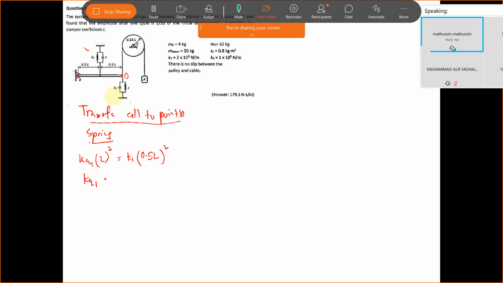So cuba kira berapa K equivalent 1? 0.5 square bahagi 1 darab dengan 2000. Betul kan? Sekejap. 0.5 dapat berapa ni? 500.